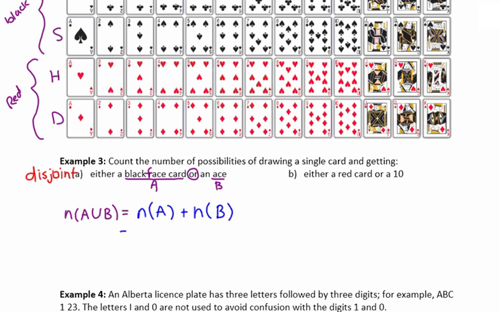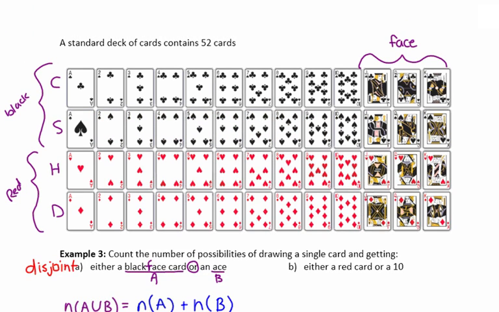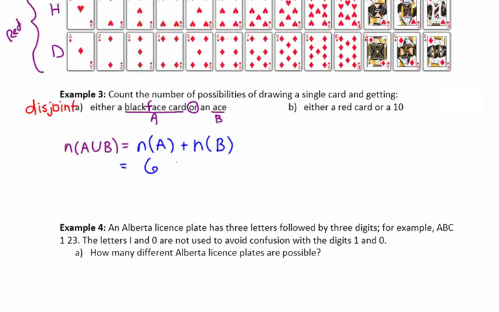How many black face cards are there? 1, 2, 3, 4, 5, 6. How many aces are there? 4. So we have a total of 10 different possibilities. Face cards are just Jack, Queen, King. An ace is not a face card because there's no face on it.